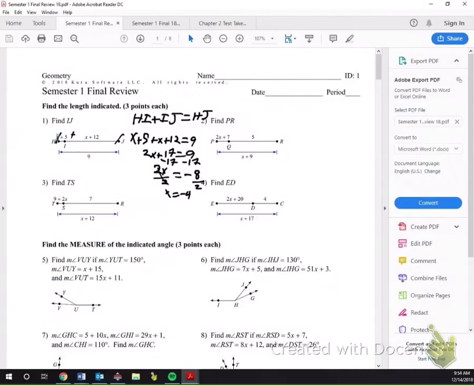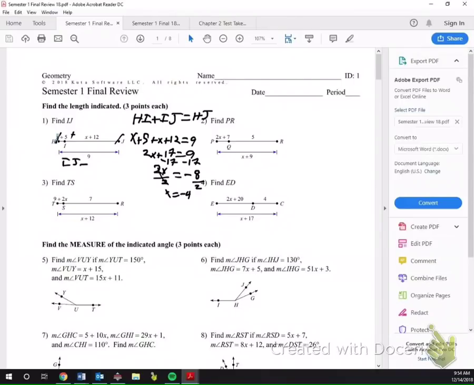So we have x equals negative 4. Now notice here that we're not done. So this is a 3-point problem. If you had left it as x equals negative 4, I would have given you 2 points.